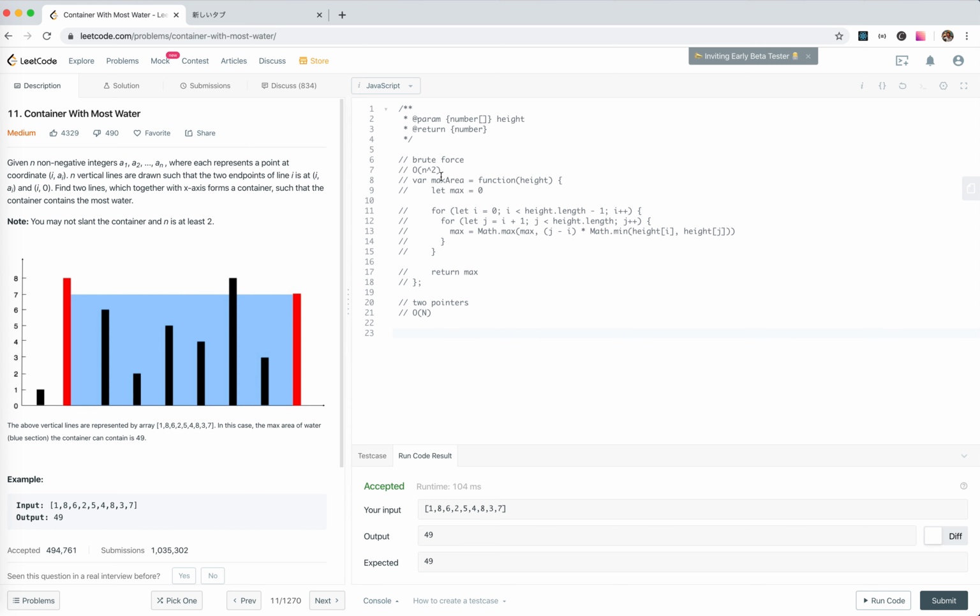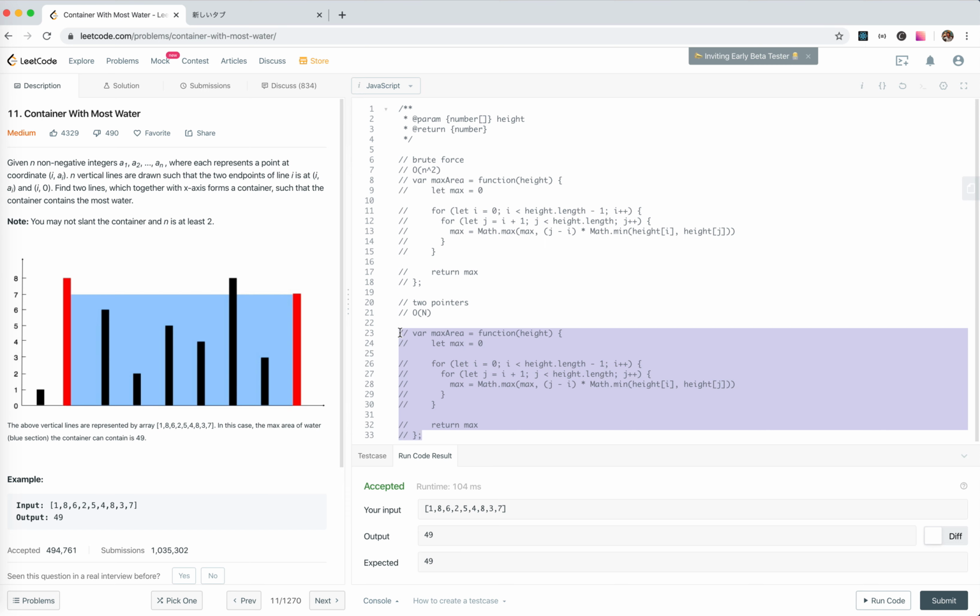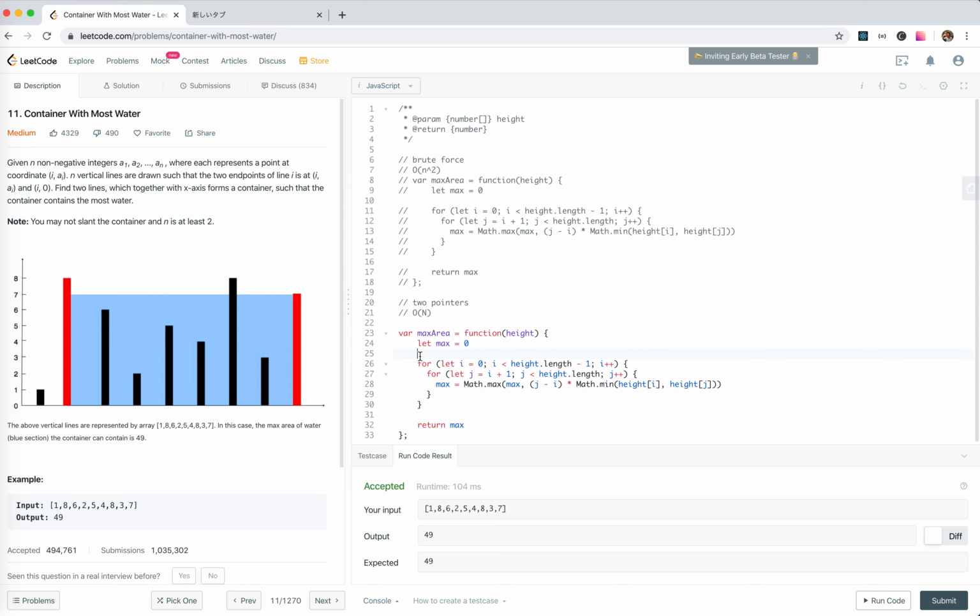Let's write it down. The result is the same, so we just keep it in max. Let i equal 0, let j equal height.length minus 1. While i is smaller than j, while there's space.